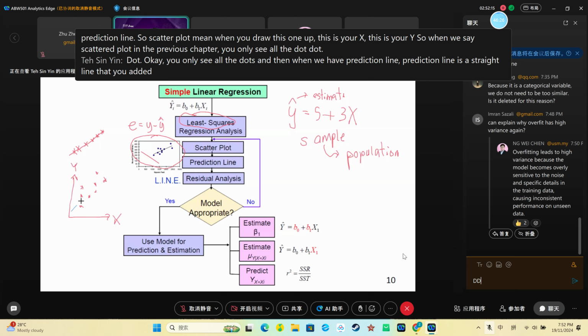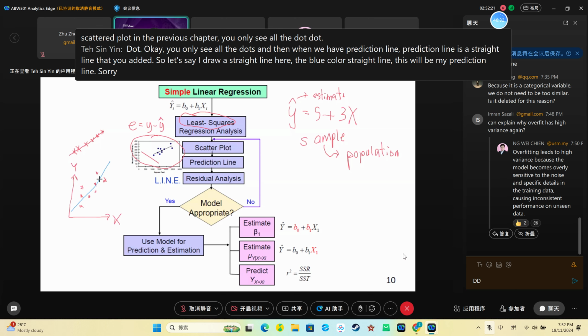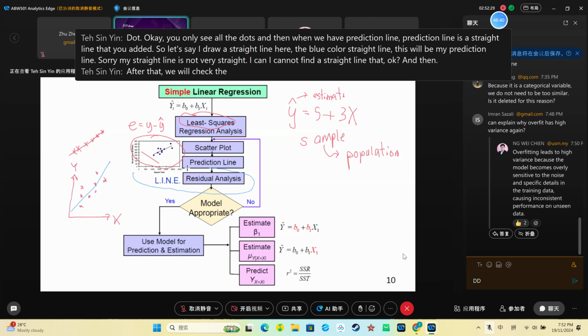Let's say I draw a straight line here, the blue straight line. This will be my prediction line. Sorry, my straight line is not very straight. Then after that, we check the residual assumptions. These are the steps when you do your linear regression.